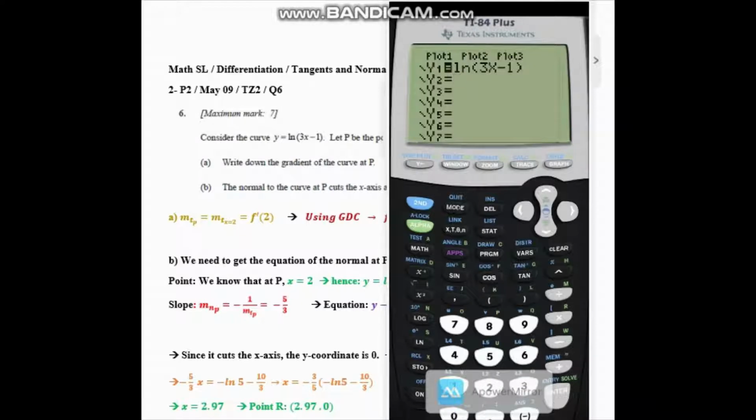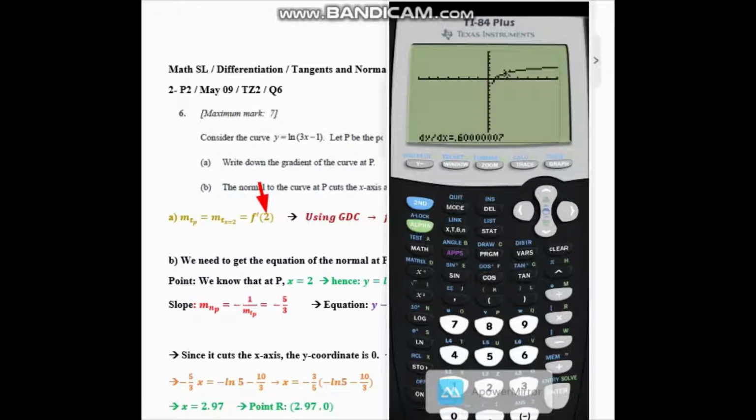So I've written down my equation on the GDC, and I shall click on trace. There is my graph. I shall click on second, trace, calculate the slope, and then I shall click on 2 because I am told that the x value of P is 2, and I shall click on enter, and the calculator tells me that the slope is 0.6.